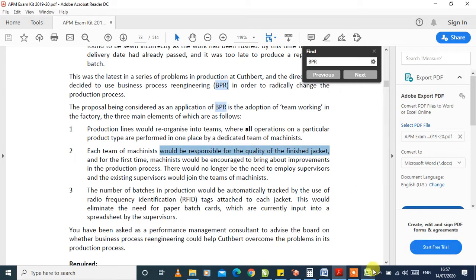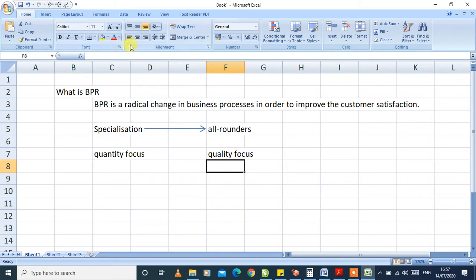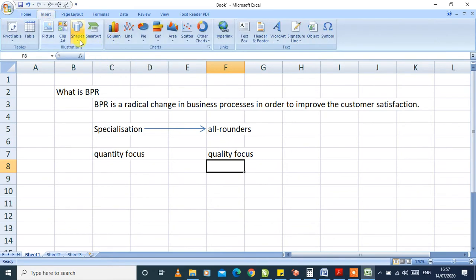The second point I'm going to highlight, shift from quantity focus to quality focus. So talk about that. So that is another point they are highlighting in this BPR. Guys, BPR of one company and BPR of another company may not be the same.